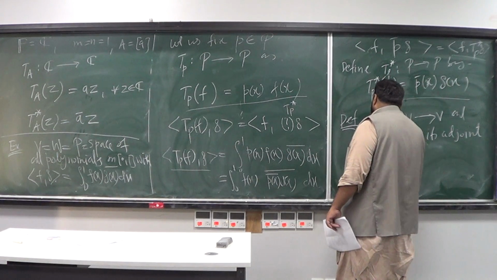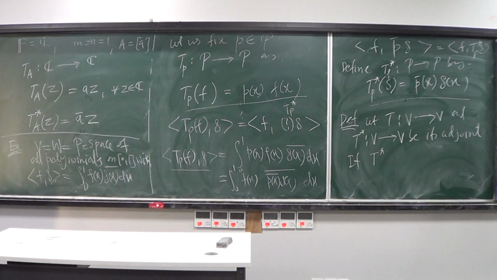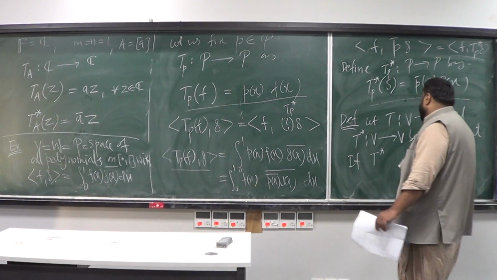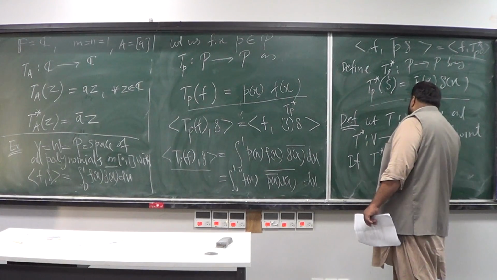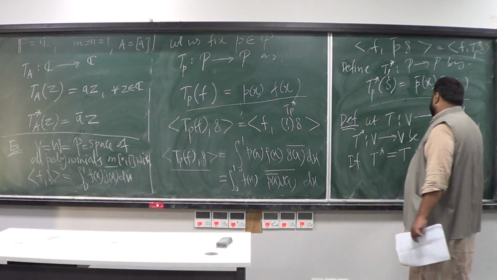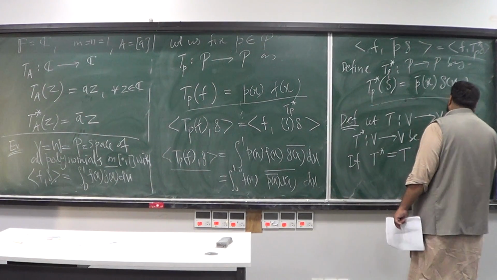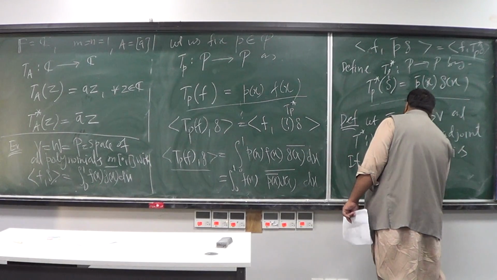If you compute the adjoint of a linear transformation, and it turns out the adjoint is equal to the linear transformation, then you're going to say that T is a self-adjoint operator.